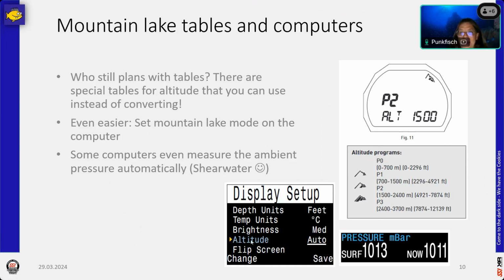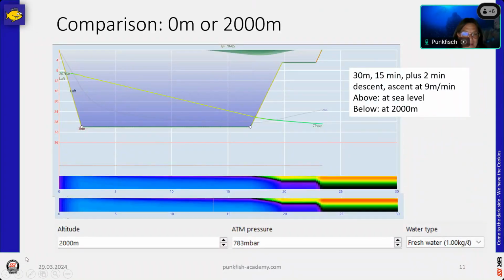So you can just put altitude in automatic, and the computer will do everything else for you. This is so much easier than planning your dive with dive tables that I don't know anyone who would use these tables anymore.